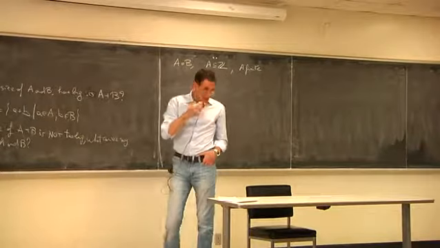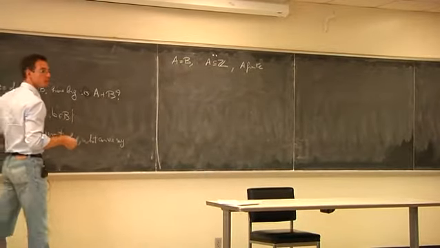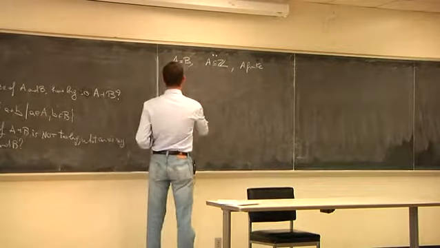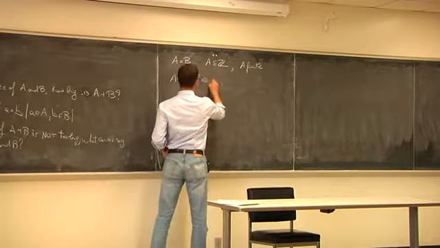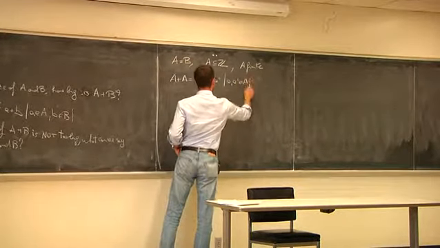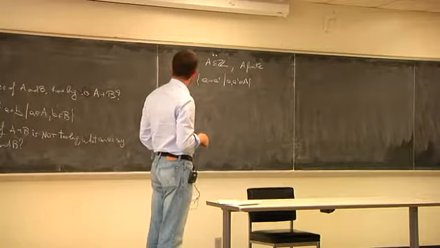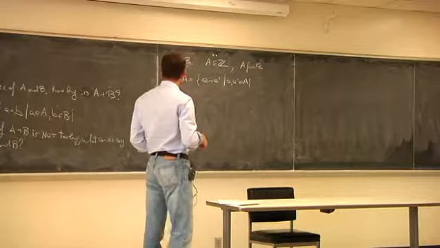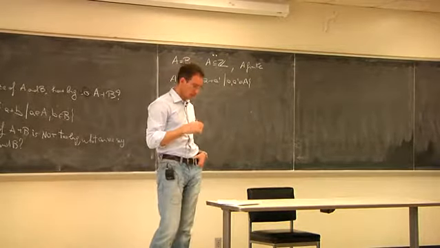So in this case, what we want to understand is the size of A plus A. So I have a set, and the sum with itself. It's very easy to estimate from below the cardinality of this set in terms of the cardinality of A.